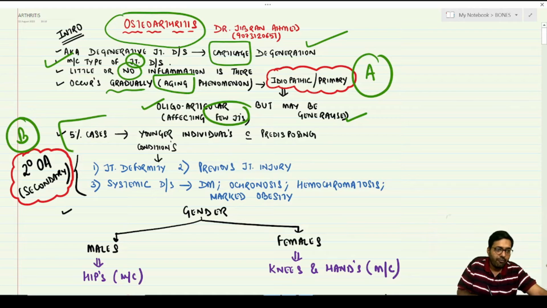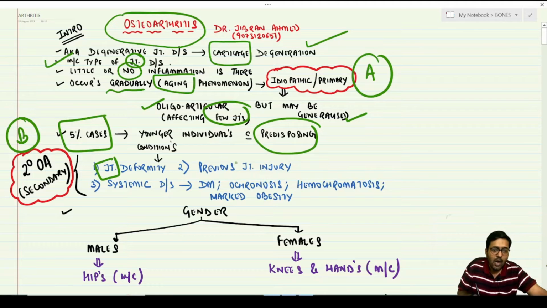Around 5% of cases of osteoarthritis involve younger individuals with certain predisposing conditions. For example, a young individual may have a joint deformity, a history of previous joint injury, or secondary disorders like diabetes mellitus, ochronosis, hemochromatosis, or marked obesity.